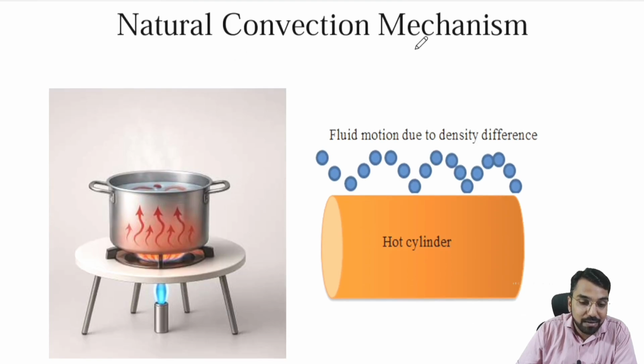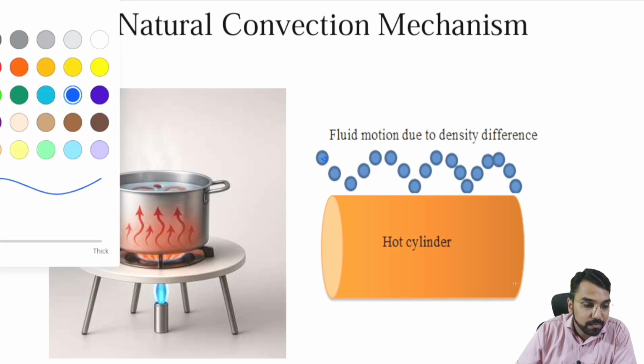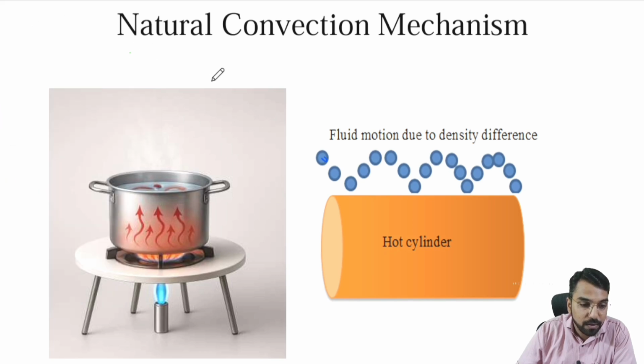So, the natural convection mechanism. Let's say this fluid molecule has higher density. This higher density fluid molecule will sink to the bottom where the hot cylinder is.